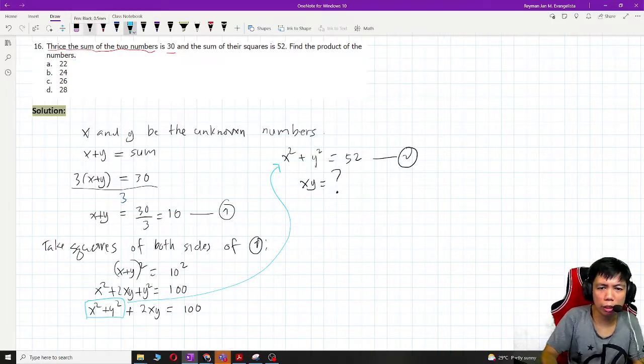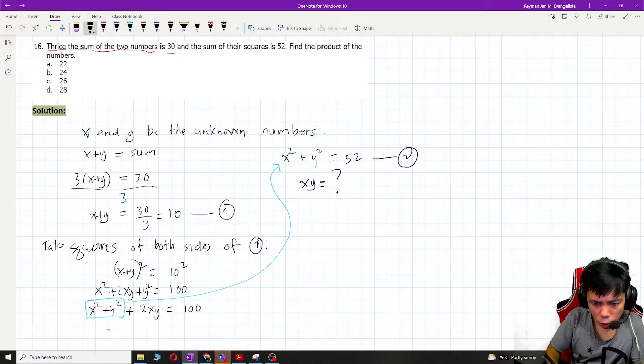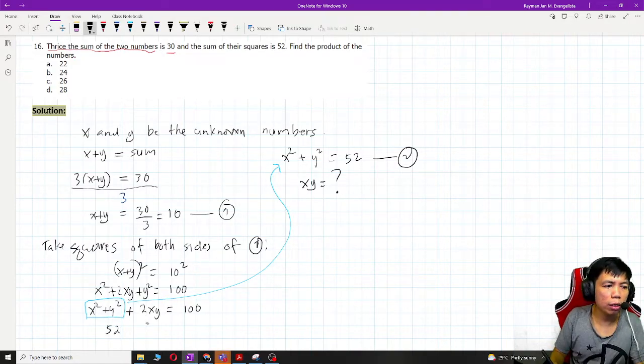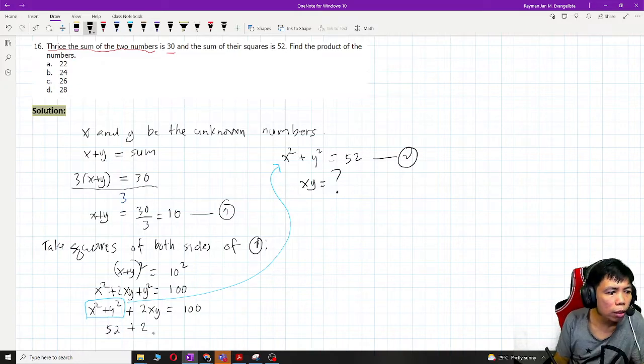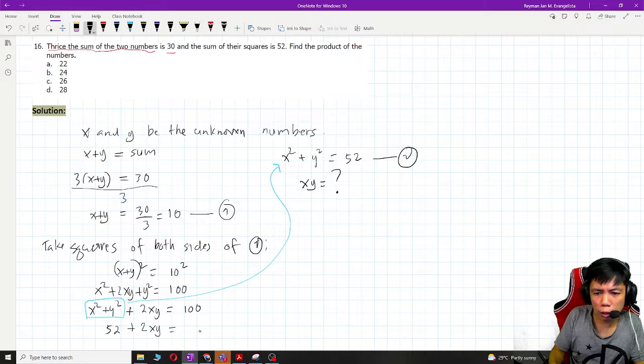So papalitan natin siya ng 52. So 52, yung sum ng squares, plus 2xy is equal to 100.